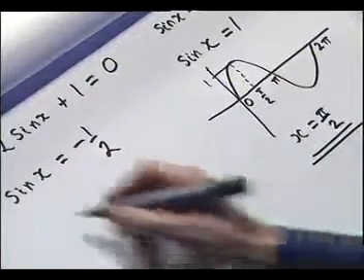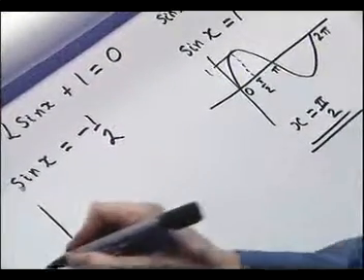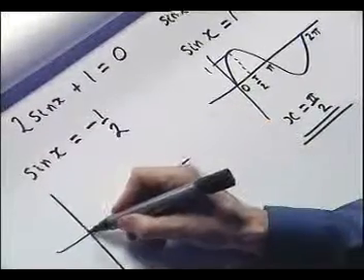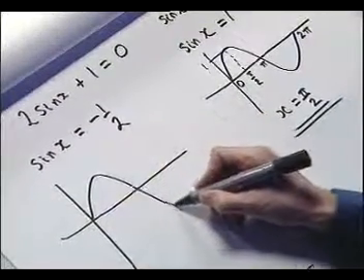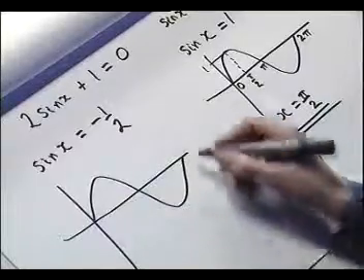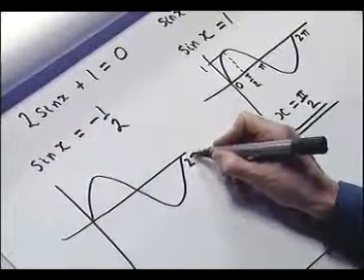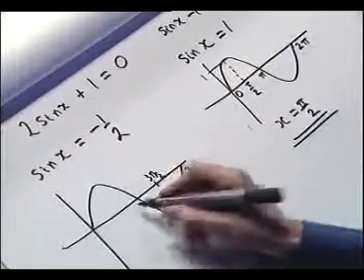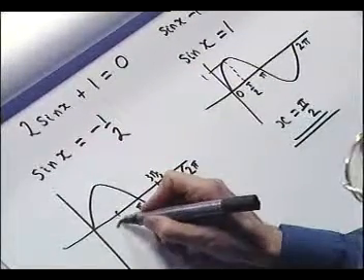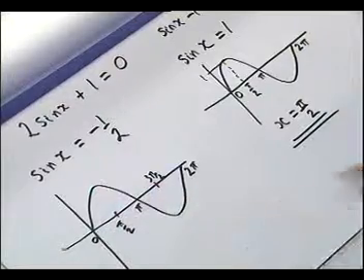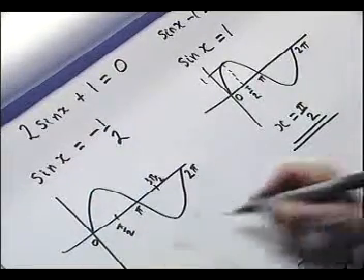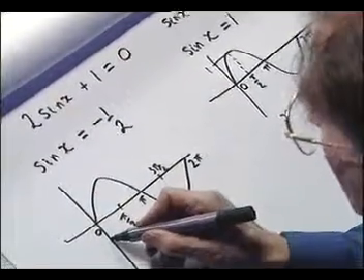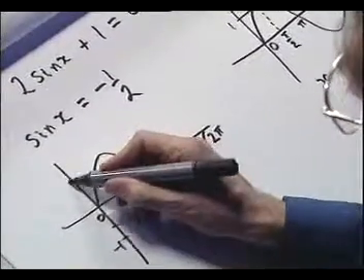Sine x equals minus a half. Again, the range that we've been given is between 0 and 2 pi. So let's sketch between 0 and 2 pi. There's 2 pi, 3 pi by 2, pi by 2, and 0. We want minus a half, so that's coming along between minus 1 and plus 1.